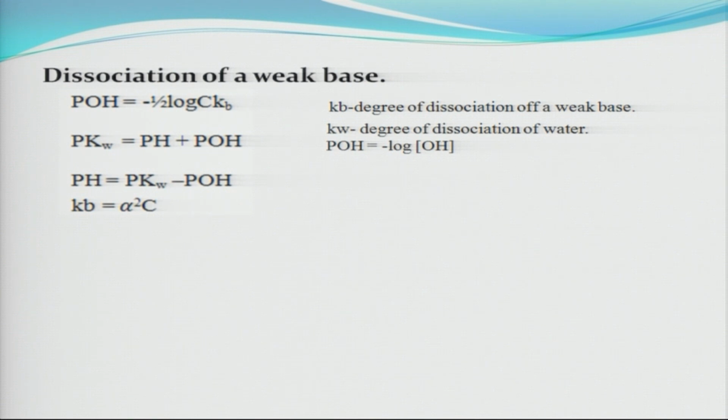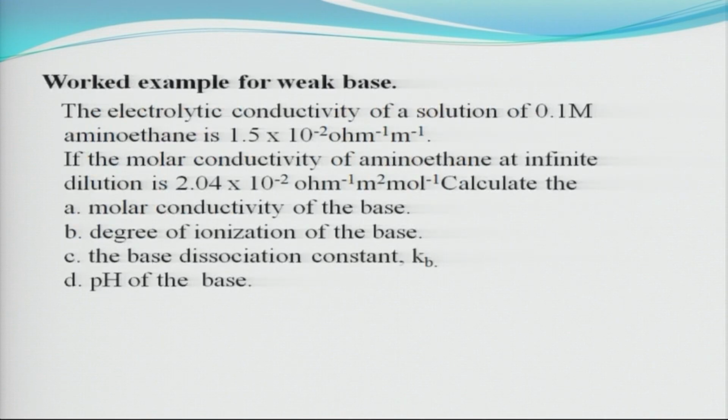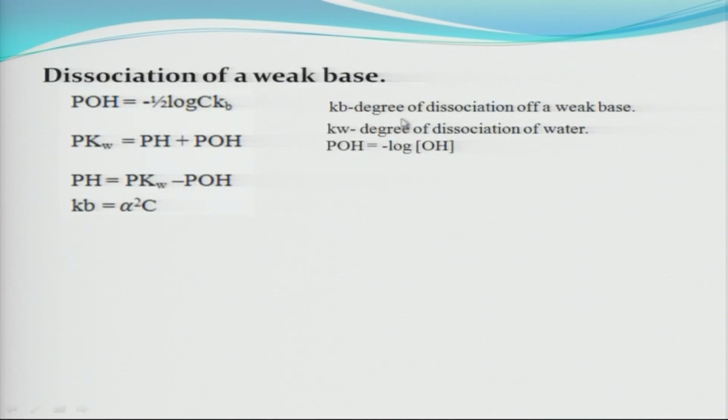So instead of using pH, we are using pOH. So what is pOH? pOH is the negative log of the concentration of OH ions. But in our calculations we say that pOH will equal negative a half log Kb. So instead of saying Ka, this time we are saying Kb. And pKw is equal to, what is Kw? Kw is the dissociation constant of water.